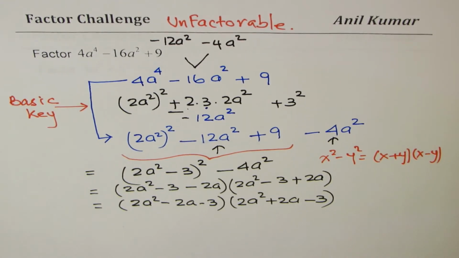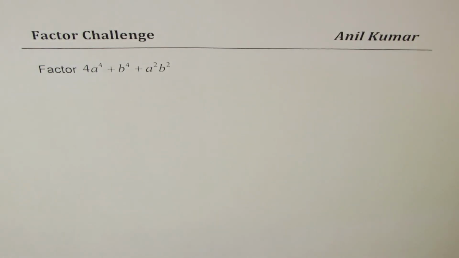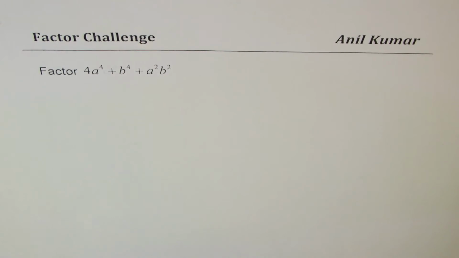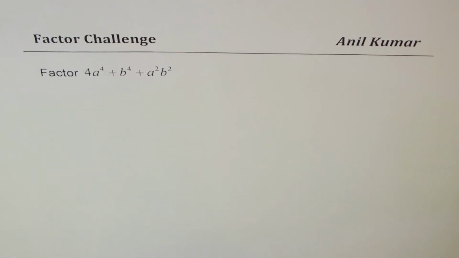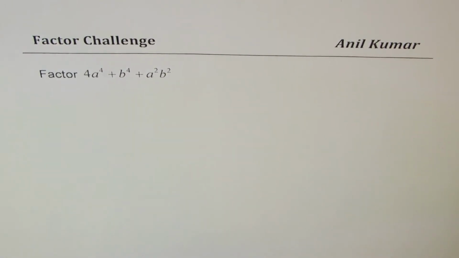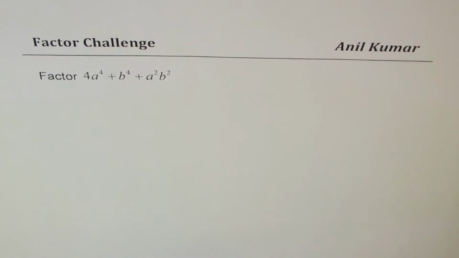Have a good look. So we're going to apply a similar technique to factor the next one, which is 4a to the power of 4 plus b to the power of 4 plus a square b square. Now you know the technique, so I'd like you to pause the video, answer, and then look into my suggestions.